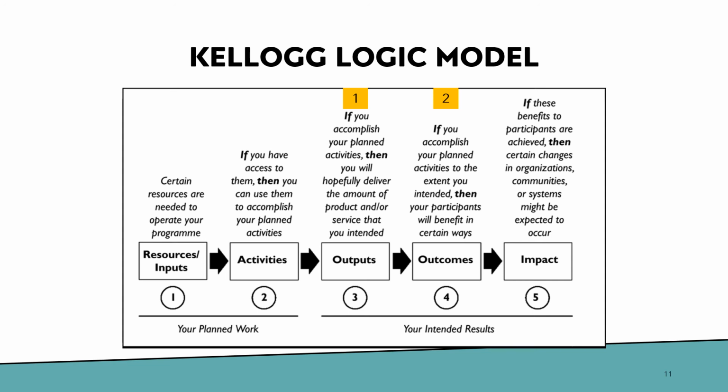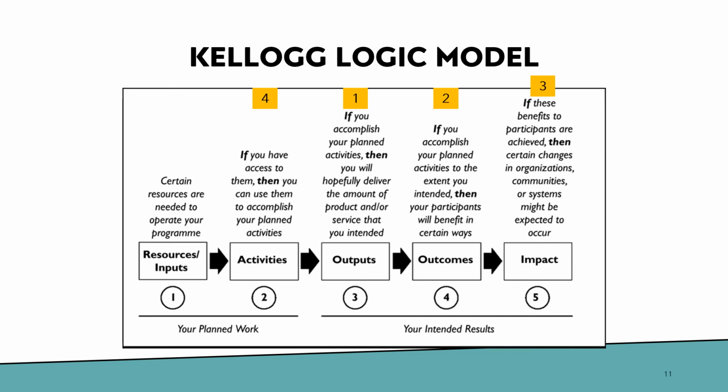These are the measures that you're going to use to describe progress towards your ultimate goal. Then you're going to look at impact. What is the ultimate impact that this intervention should result in? Then you go back to the activities and build the activities out from there.